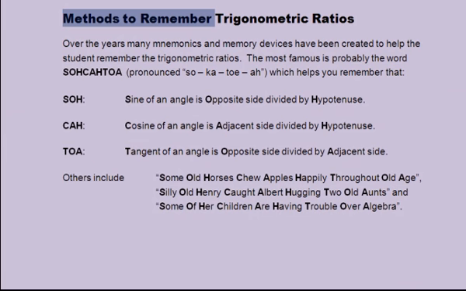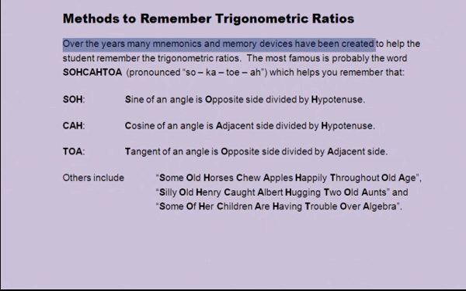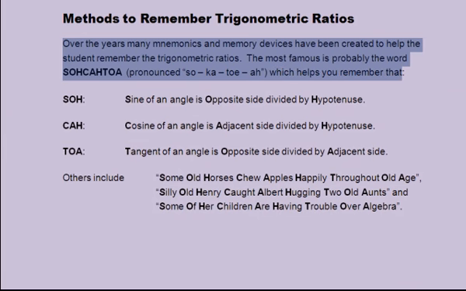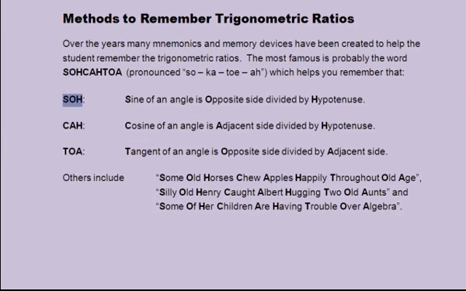Methods to remember trigonometric ratios. Over the years, many mnemonics and memory devices have been created to help the student remember the trigonometric ratios. The most famous is probably the following word, pronounced so-ka-to-a, which helps you remember that sine of an angle is opposite side divided by hypotenuse.